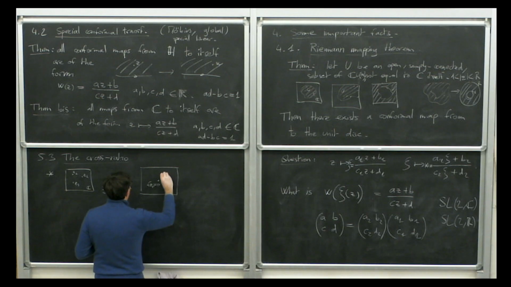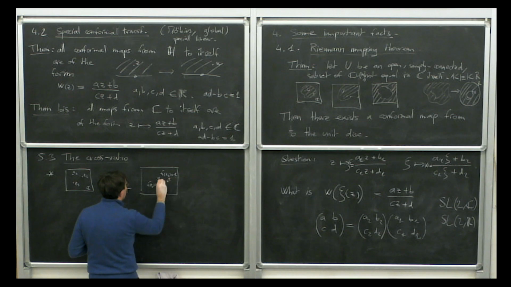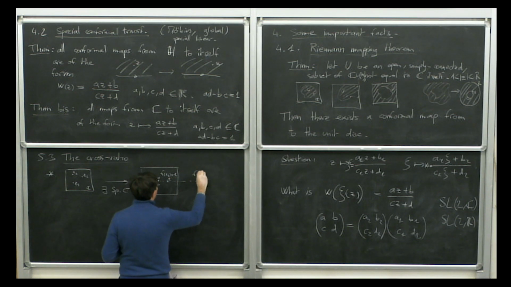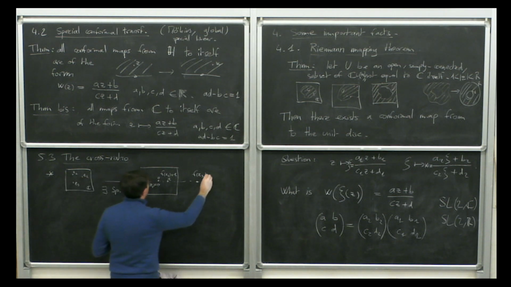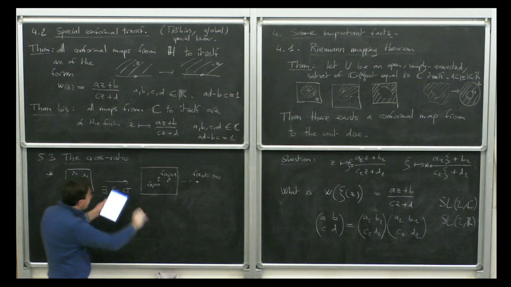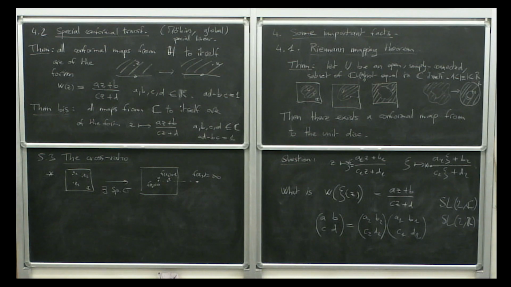F of Z1 is the point 1. So this is the origin, this is 1, along the real axis. And then Z3 we can always choose to send to infinity. It's a nice conformal transformation, no problem. We can always choose to fix our 3 points in this way.